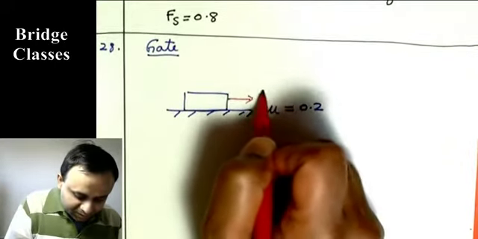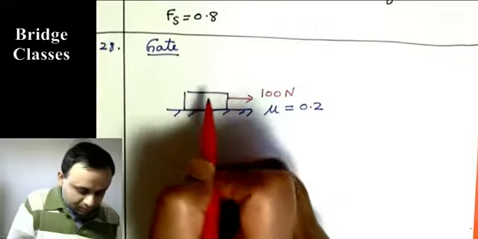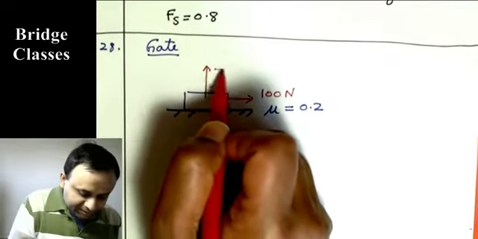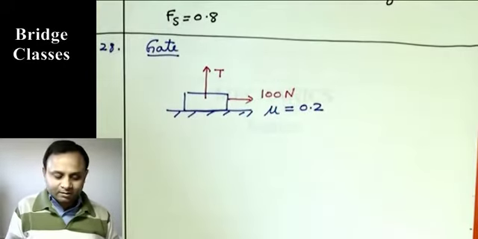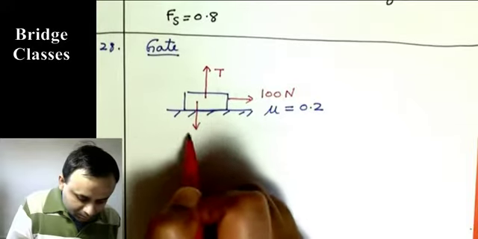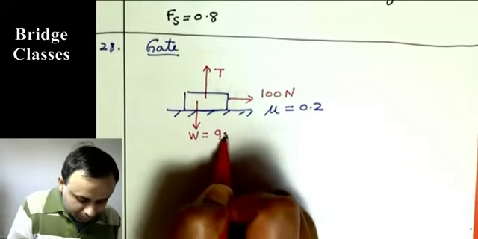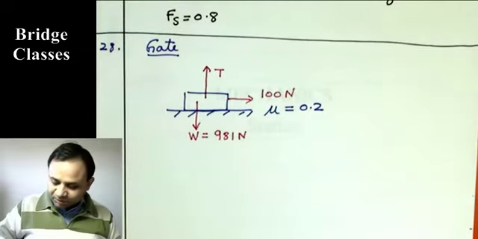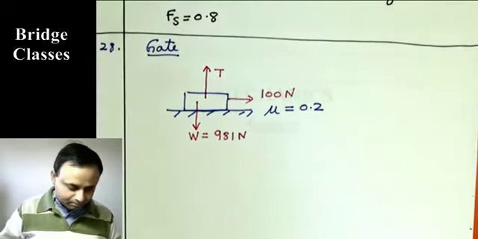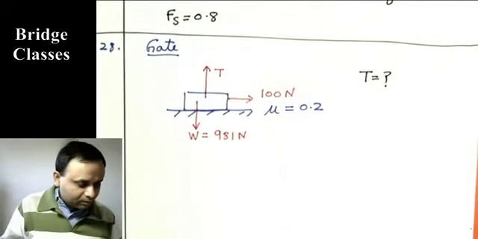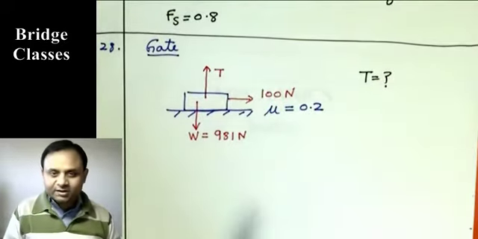A 100 Newton force is applied in this direction, and there is a rope attached to the body which has tension T. So there is force T on this, and its weight is given, 981 Newton. We have to determine the minimum T.